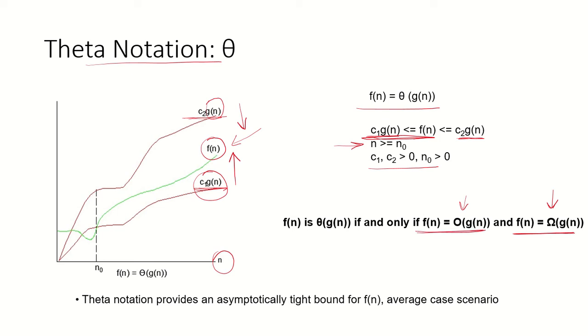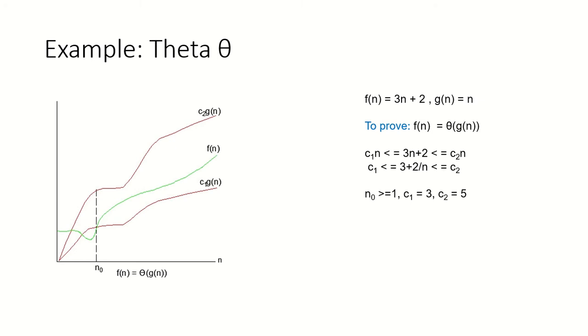So if both these conditions are satisfied, that means we have one common function g(n) which is satisfying this inequality, then we say that f(n) is theta of g(n). So theta notation is providing an asymptotically tight bound for f(n), and it can indicate the average case scenario.